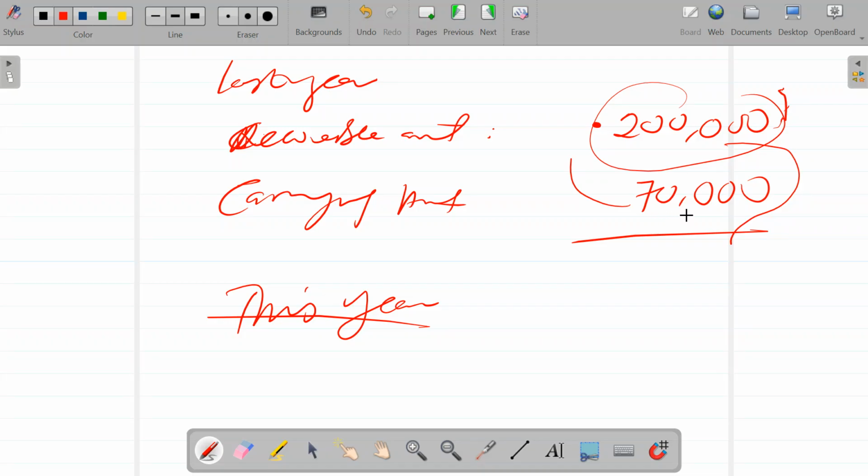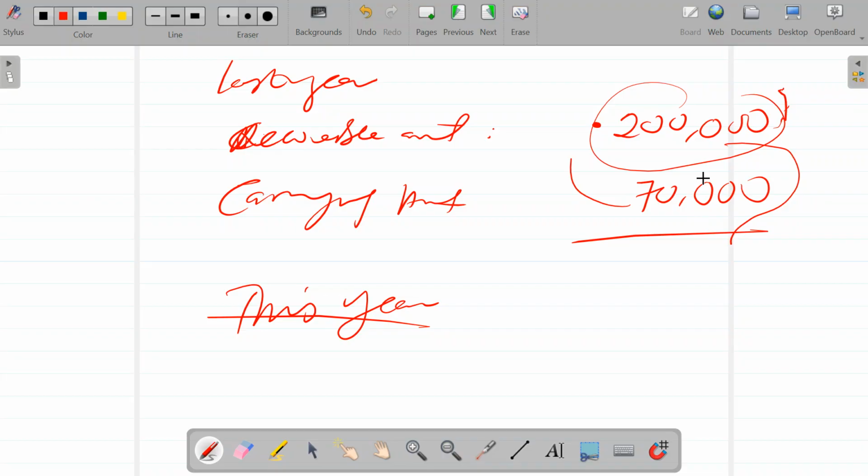That's what the standard is saying: if you did a recent impairment test and you notice that the recoverable amount is far higher than the current amount, you don't need to perform an impairment test in maybe the next year or in the short term.